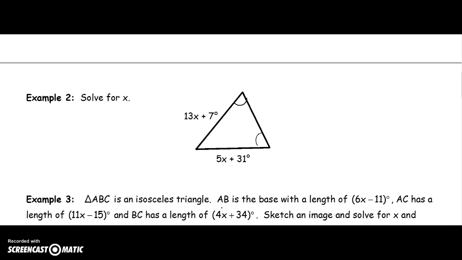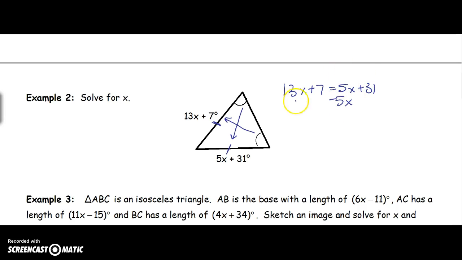Here, you have to be careful on which side you're going to set equal. This time, the two sides on the left are the congruent ones, because you always go across from the sides that are congruent, or the angles that are congruent. So you're going to set 13x plus 7 equal to 5x plus 31.